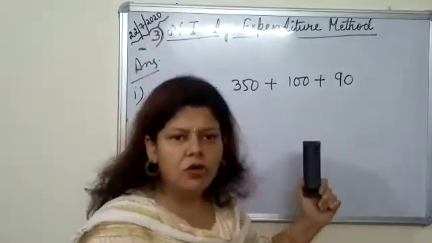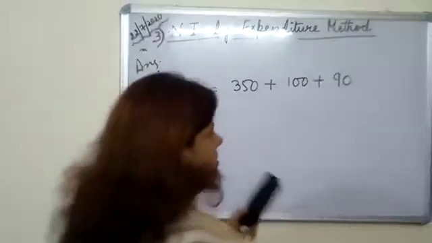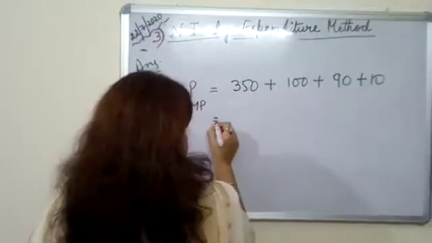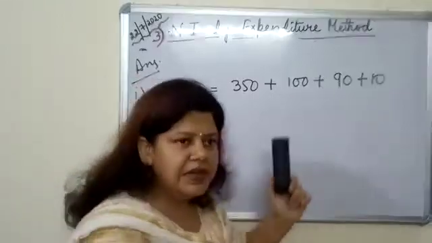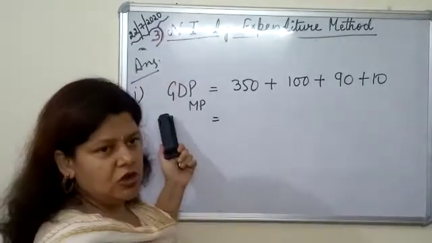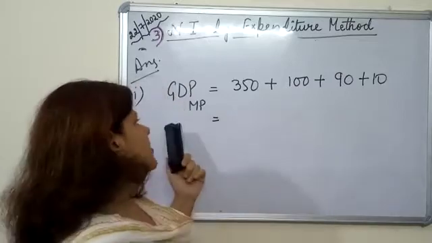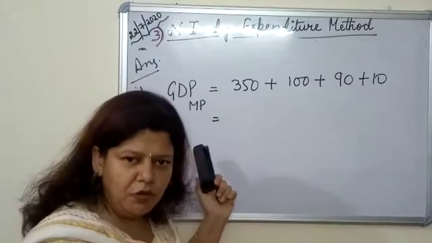Next was to take net exports. Now what is net exports given in the question as 10. Clear? Now you will not deduct any depreciation because it is gross. You will not deduct any net indirect taxes because already at market price you have to calculate.